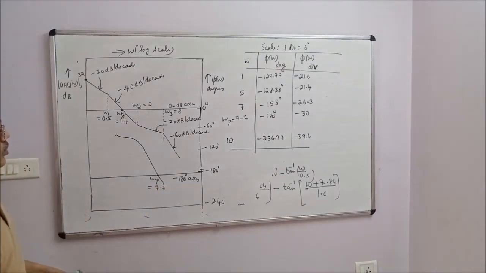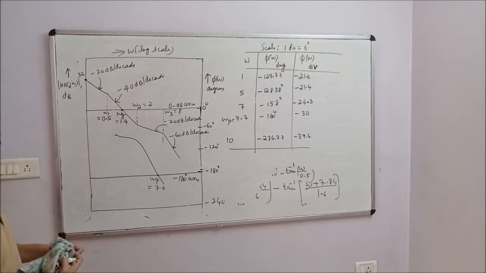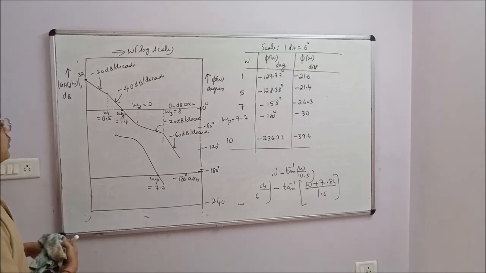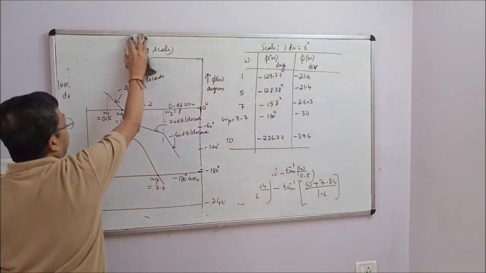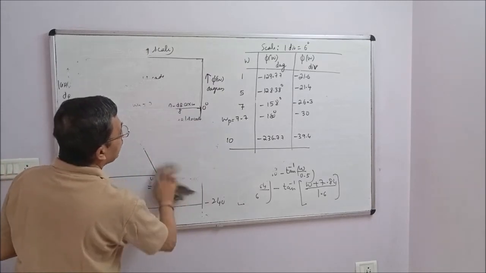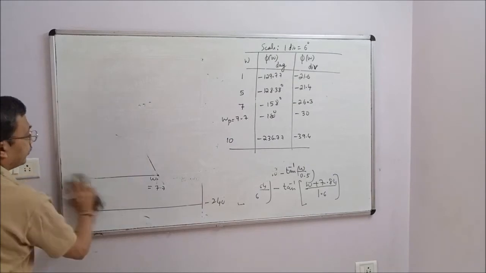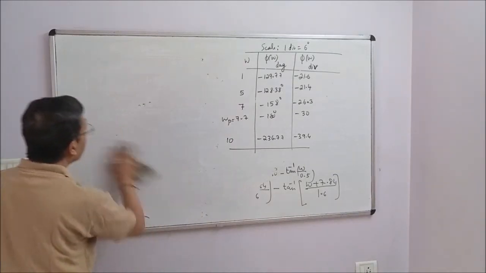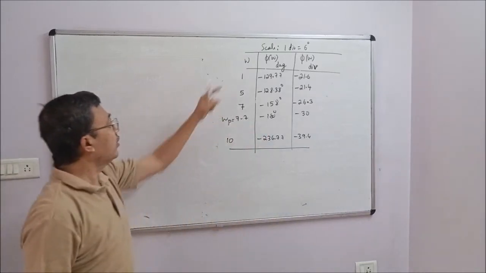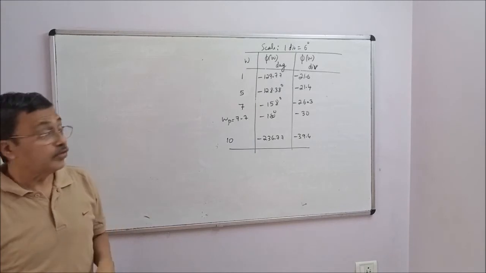Now we'll do the magnitude diagram and the phase diagram on a semi-log sheet. That is our next objective. This table I will retain for making use in the semi-log sheet.